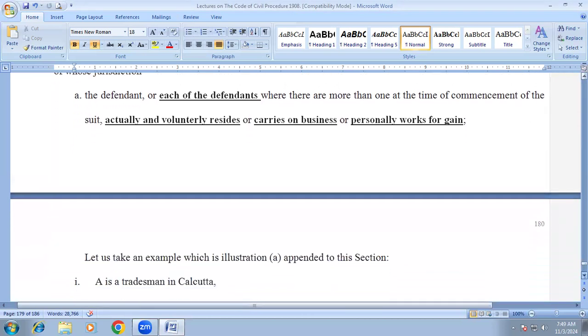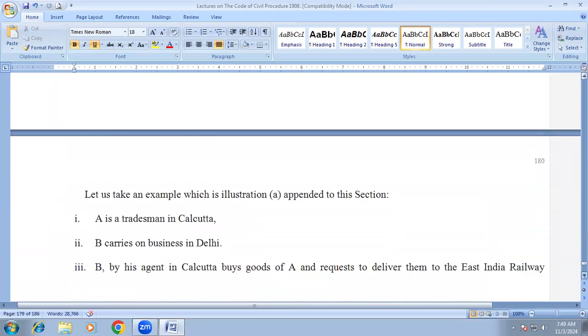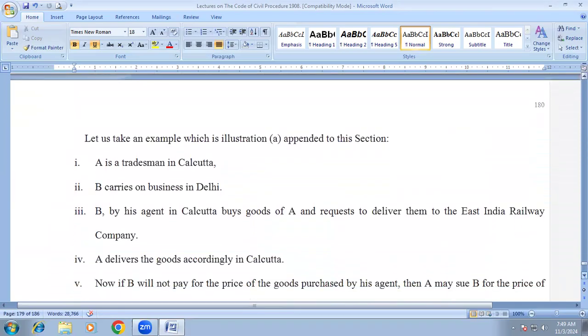Okay, let us take an example, which is illustration A appended to this section. In this example, A is a tradesman in Calcutta. B carries on business in Delhi. B, by his agent in Calcutta, buys some goods of A and requests A to deliver the goods to East India Railway Company. A accordingly, on the demand of B, delivers the goods in Calcutta.